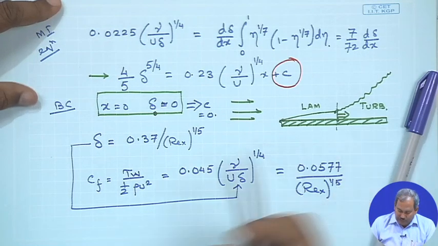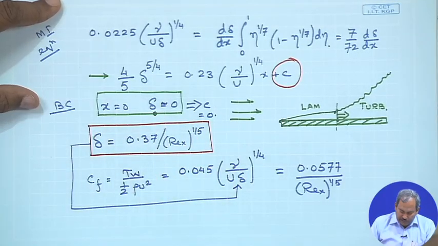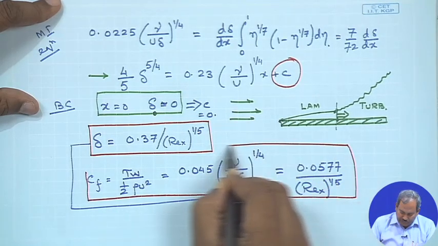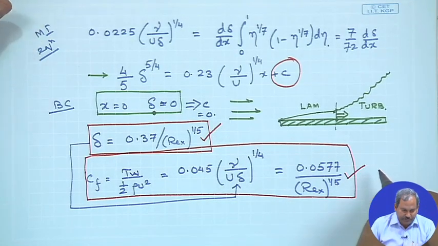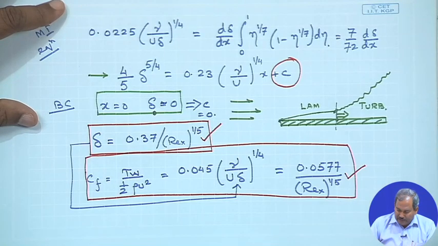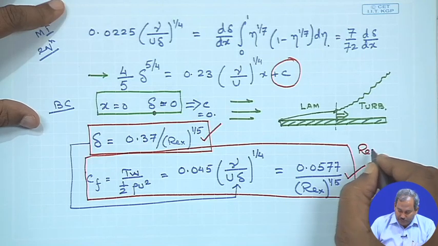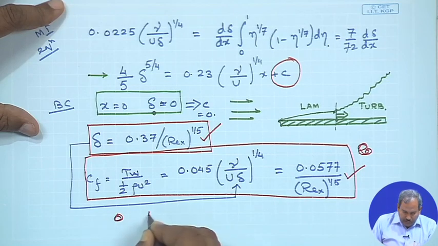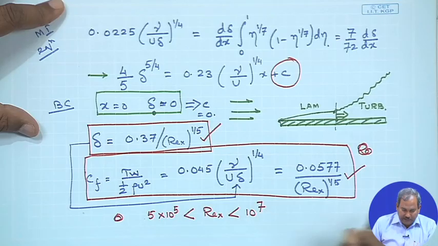So, you have two expressions: one for the growth of boundary layer in turbulent flow and one for Cf, the friction factor in turbulent flow. The validity of these two expressions is for Reynolds number more than 5 times 10 to the power 5 and less than 10 to the power 7.